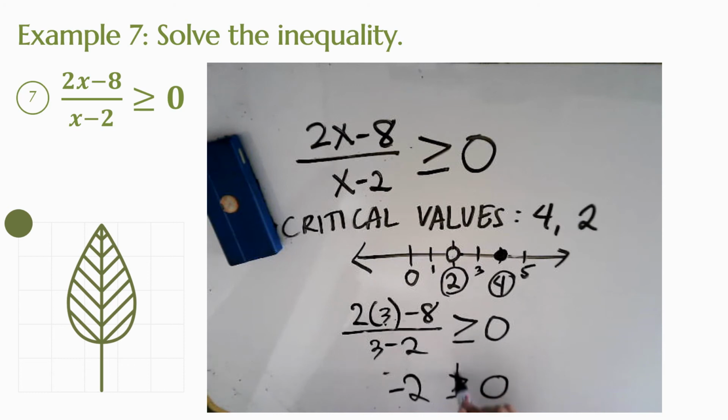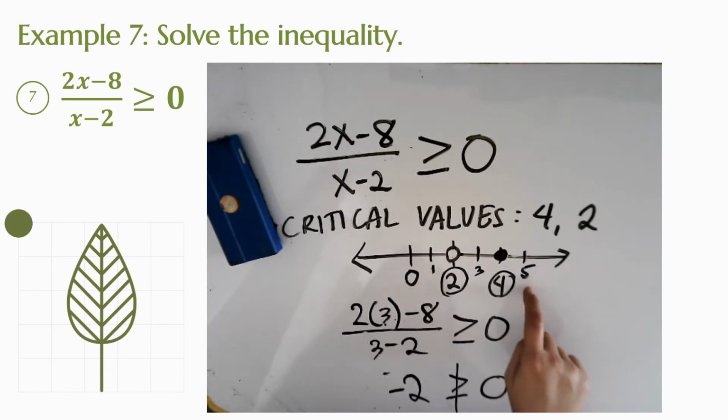No, it's not true. Therefore, since we used the testing point 3, there is no solution in between the two critical values 2 and 4.